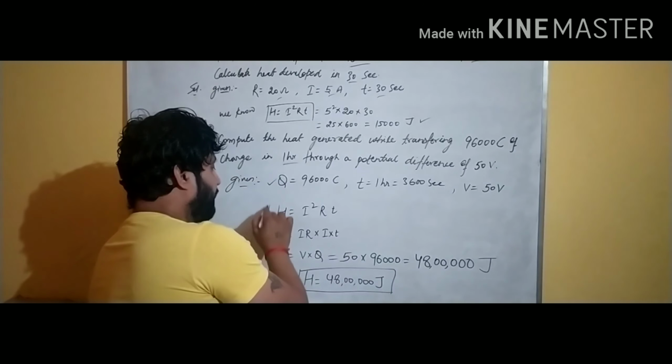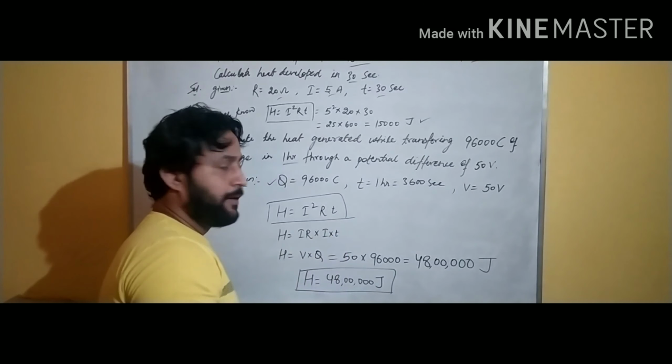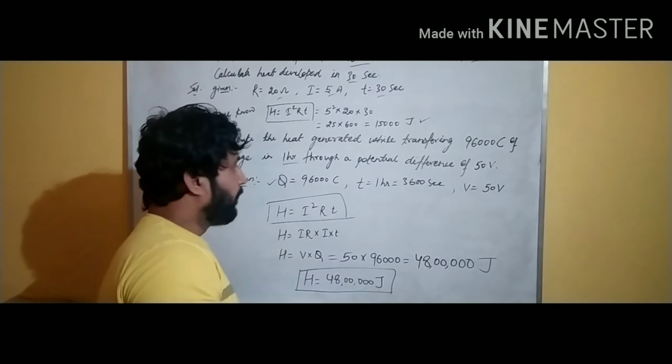You know H is equal to I square RT. But in this question, we don't have I and R. We have the value of T. So split this formula: IR into IT.